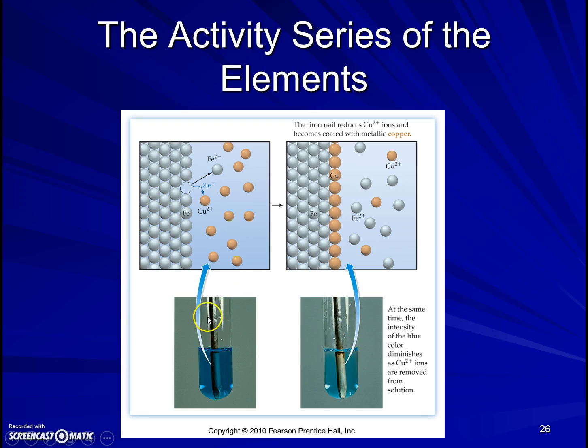Iron, on the other hand, is a bit more reactive. It's on the reactive side of the series. And so if we dip iron into that solution, the iron and the copper will change places. The iron metal will give a pair of electrons to the copper ions, become ions in solution, and then those copper ions will coat that piece of iron and take over the spots where the iron were, and you get a copper coating.